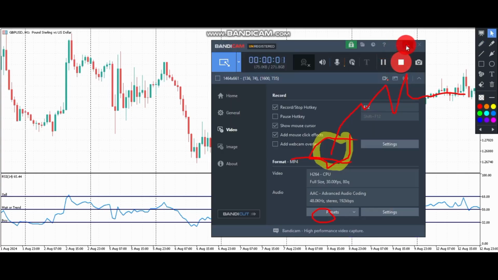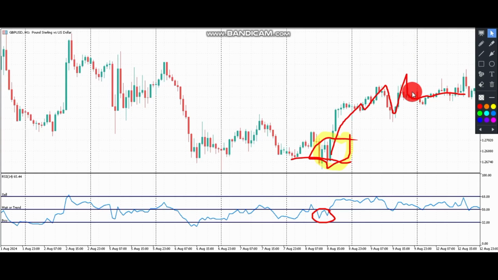So once you have gotten the readiness for a move, the last trigger that we're waiting for is the time entry and exit.